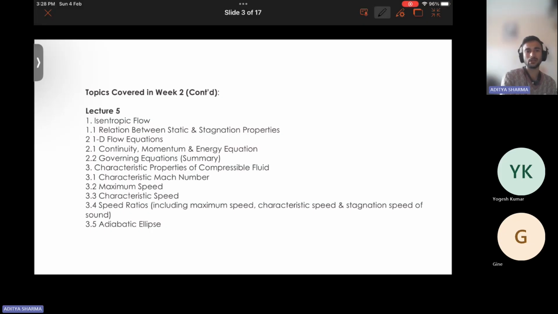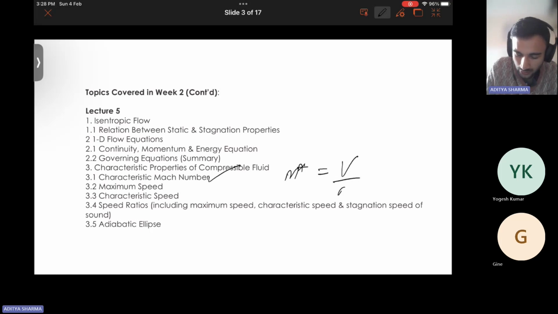The characteristic speed is basically linked to this characteristic Mach number only. Because Mach number is V by A, in that situation, if we have A star, this is the characteristic Mach number, which is M star.